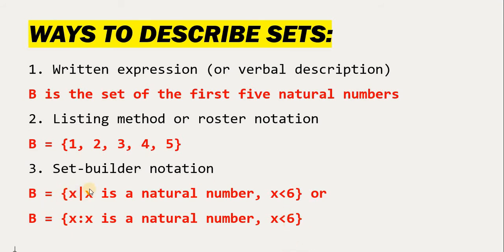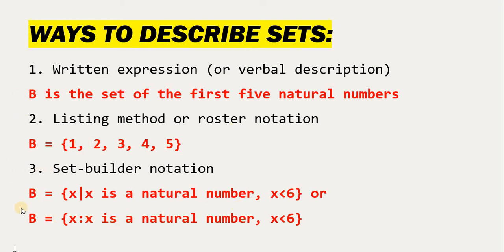So, pwede tayong gumamit nitong vertical bar. Pwede rin tayong gumamit ng colon. Okay? So, ibig sabihin, ang tinutukoy dito, again, yung mga numbers, tong mga natural numbers na to, first 5 natural numbers. Bakit nakalagay na X is less than 6? Siyempre, etong mga numbers na to ay less than 6. So, ganyan tayo magsulat ng set builder notation.